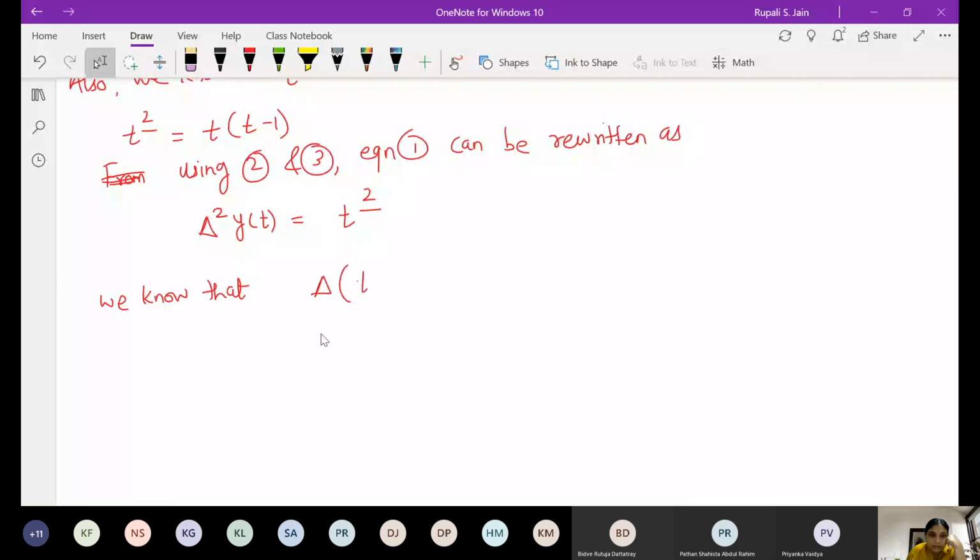What is delta of t to the r falling? It is r t to the r minus 1 falling. So what will be delta square of t to the 4 falling? It is delta of delta of t to the 4 falling. What is delta operated on t to the 4 falling?